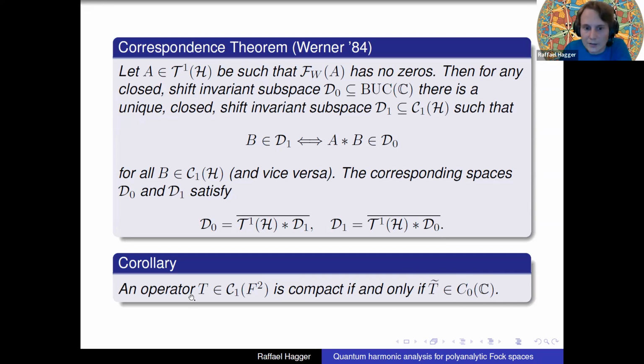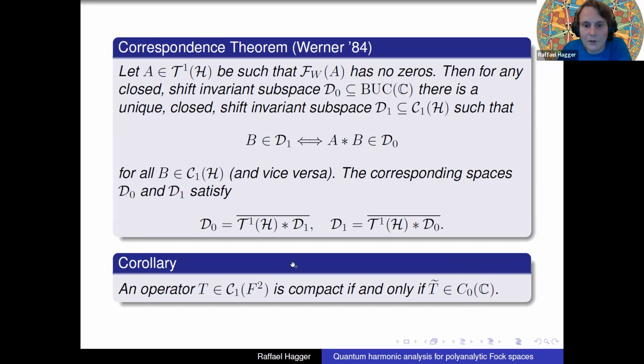So you get the result: an operator in here is compact if and only if its Bayesian transform vanishes at infinity. Okay, and that's a result that is usually attributed to Bauer and Israelowitz. They proved that for an operator in the Toeplitz algebra, this operator is compact if and only if the Bayesian transform vanishes at infinity.